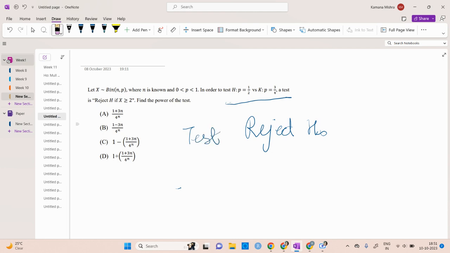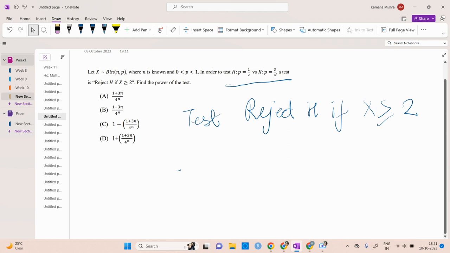What is given here? So this is the test. Reject H if X is greater than or equal to 2, right? Now, there is one thing you always need to remember, that power of the test is related to type 2 error.